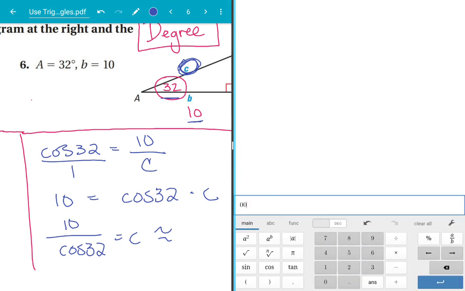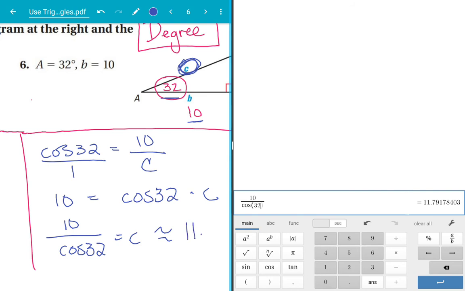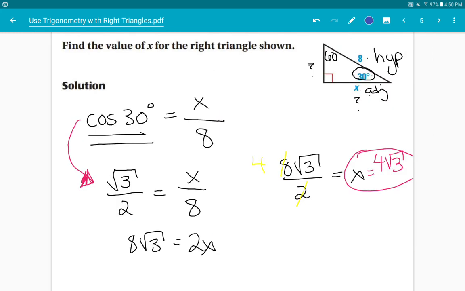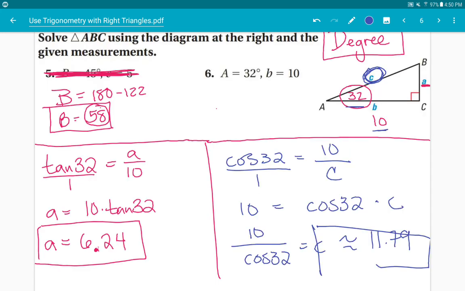It's going to be 10 divided by the cosine of 32. So that is approximately 11.79. That is the length of our C value. It's an approximation.